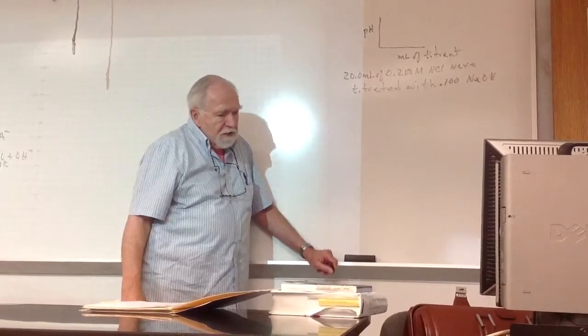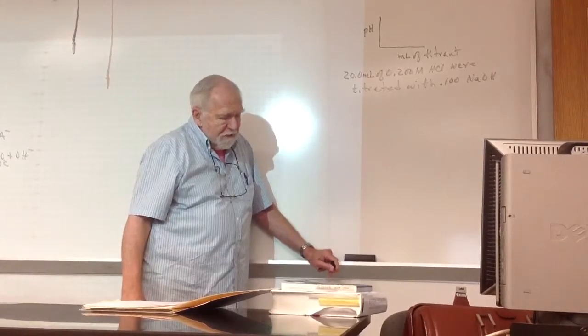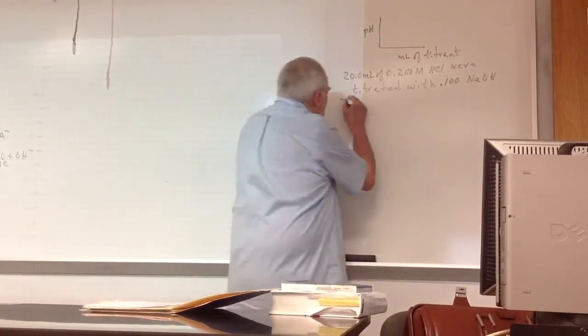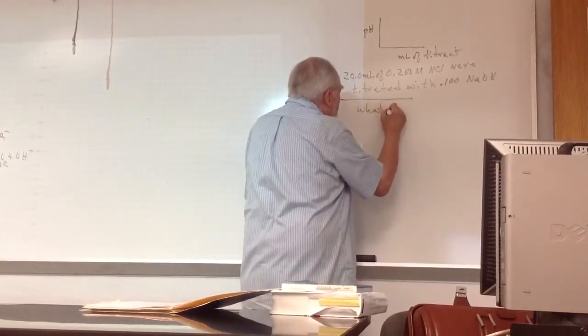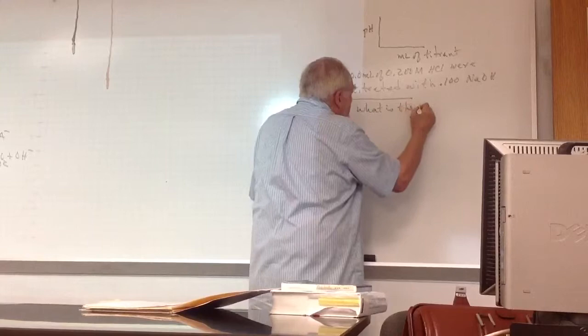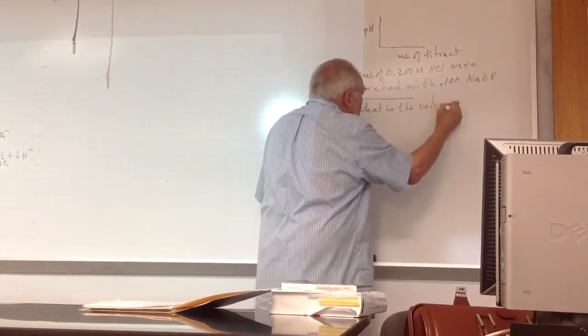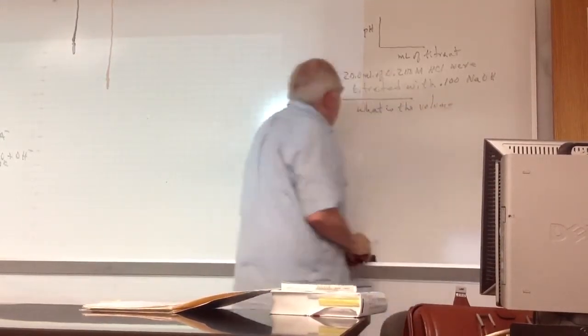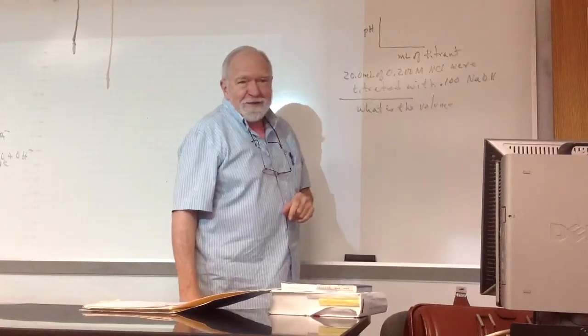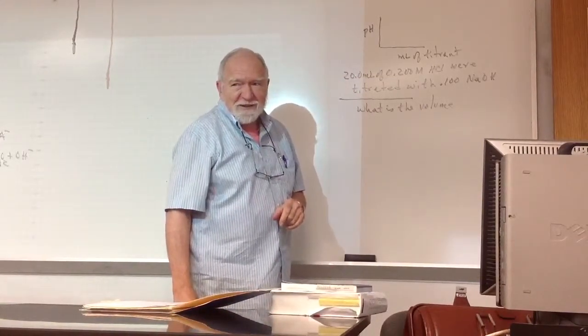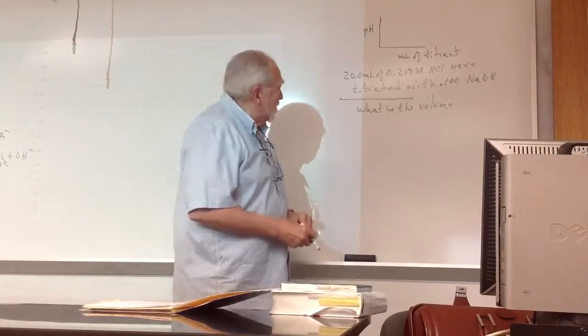And one of the first things you always want to ask yourself when you're doing titrations, oh, by the way, this is the original solution. NaOH is referred to as the titrant. You're titrating with NaOH.